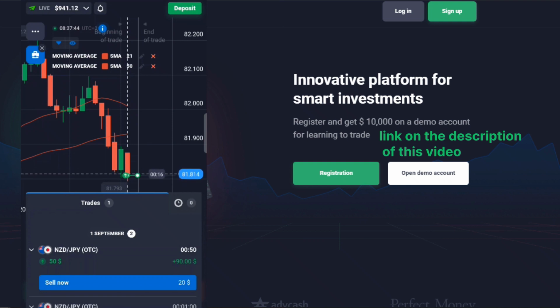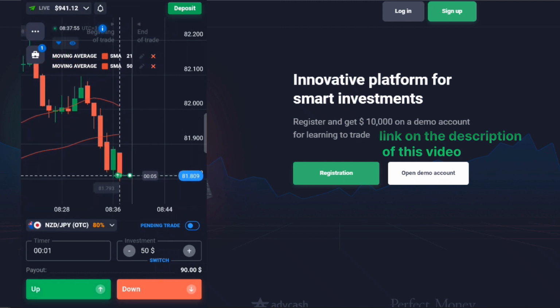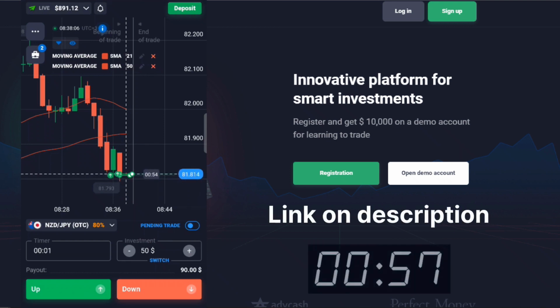As you can see, that candlestick closed with a big green bar, which means that there is a lot of momentum of buyers trying to push the market back up. So I've traded twice with $50 again on the 1 minute time frame and 1 minute duration. So let's wait and see what happens in 43 seconds.